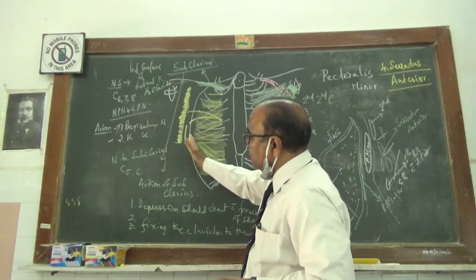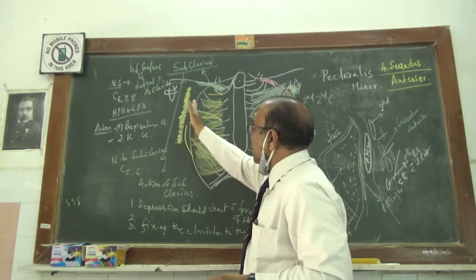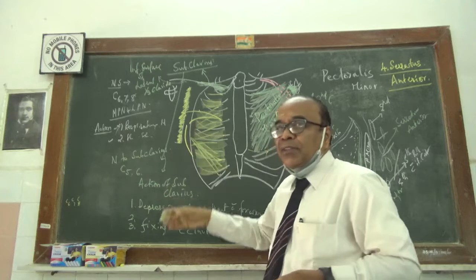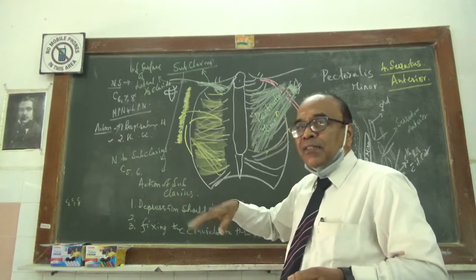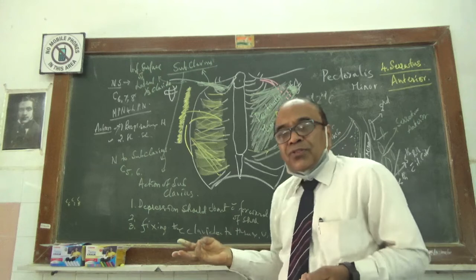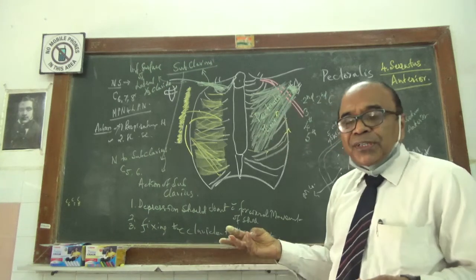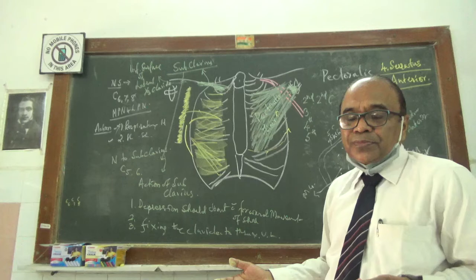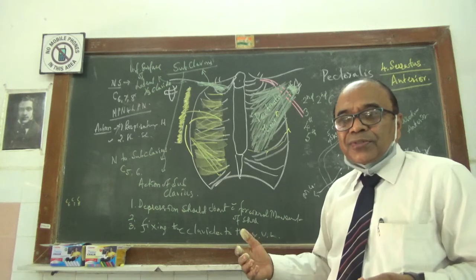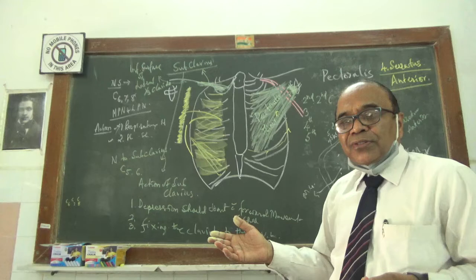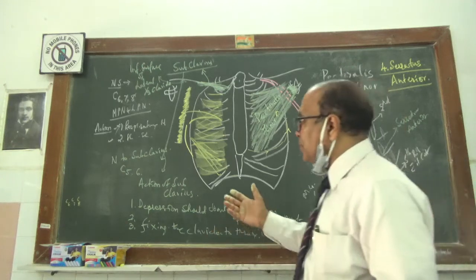Now what is the relation of the serratus anterior in the lateral part? In the lateral part, serratus anterior is related not in front and behind, but superficially and deeply. Superficially it is related to the skin, superficial fascia, and deep fascia. Then deeply it is related to the upper eight ribs and the intercostal spaces, content of the intercostal space.